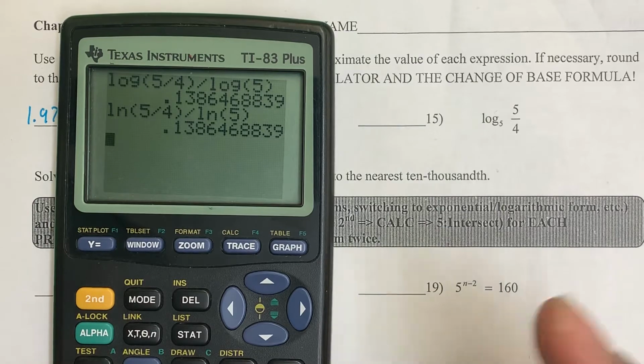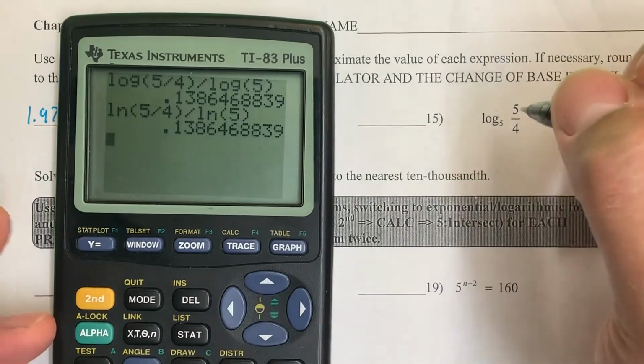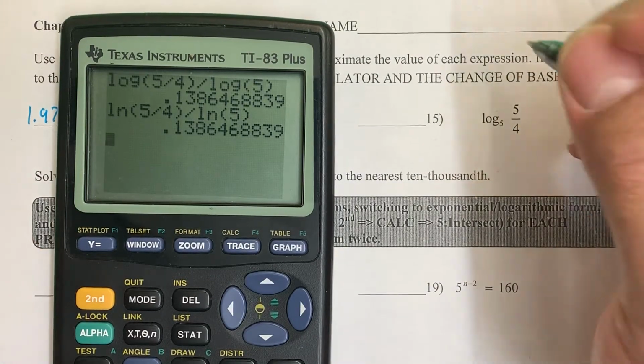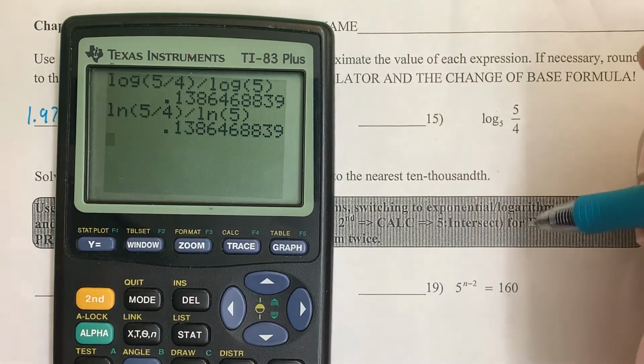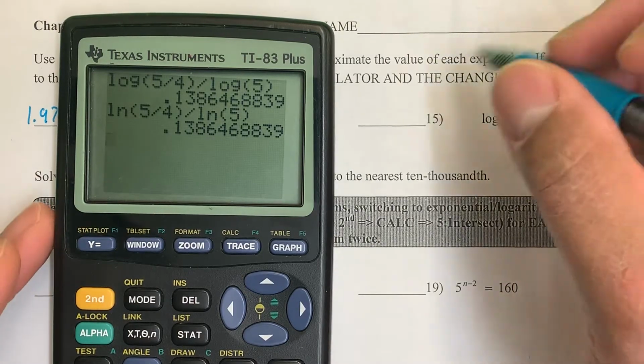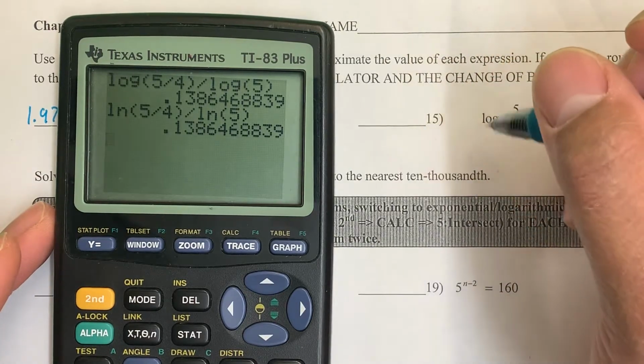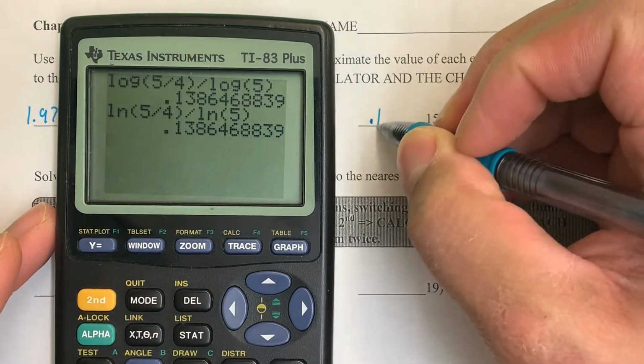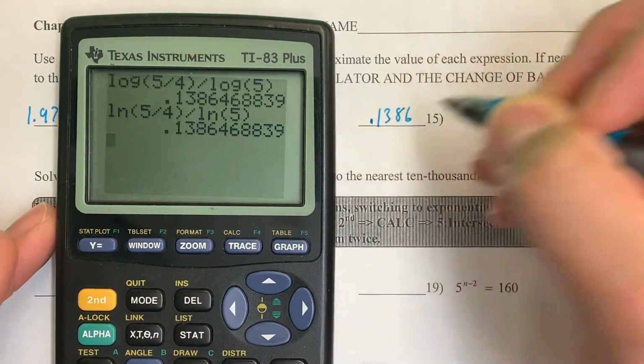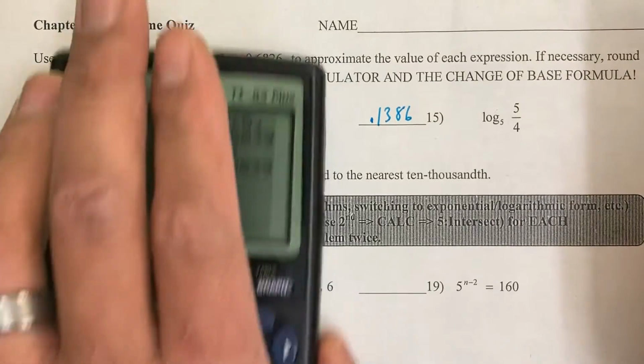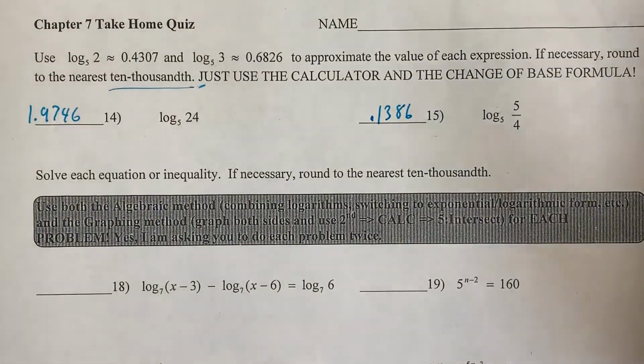Okay, exact same result. So it doesn't even matter if you use common log or natural log, as long as you have a different base than what you started off with, you're in good shape. So, yeah, this comes out to 0.1386, and you're good on the first two, okay?